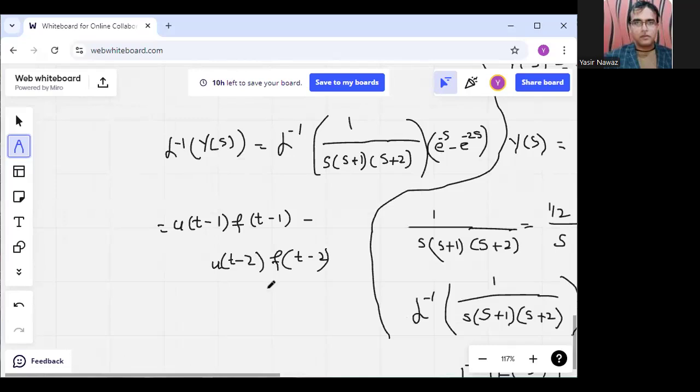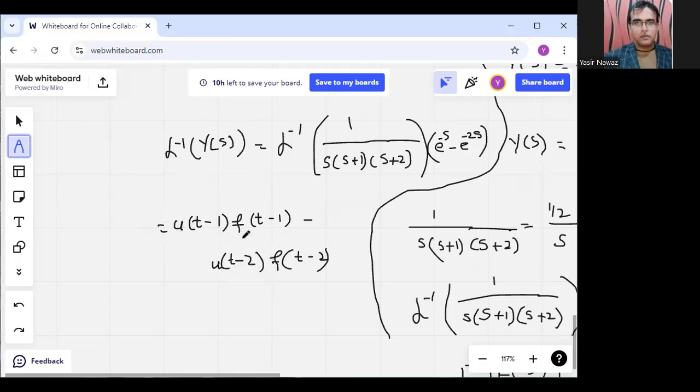So when t is less than 1, u(t-1) would become 0. So this thing would become 0 and this thing would also become 0. Both will be 0. When t lies between 1 and 2, this will give 1 and this will give 0.